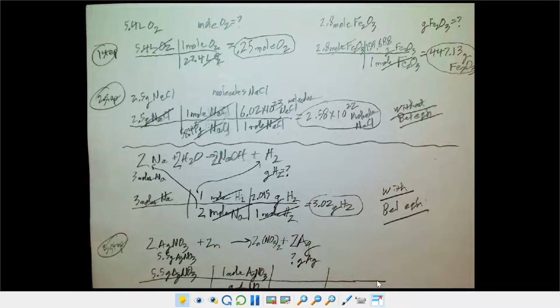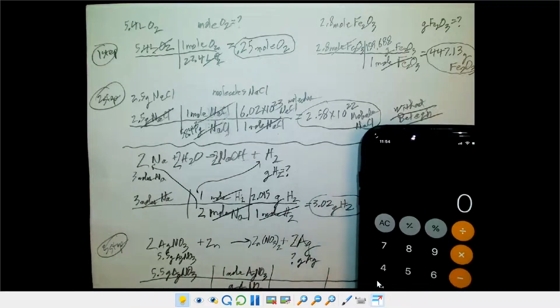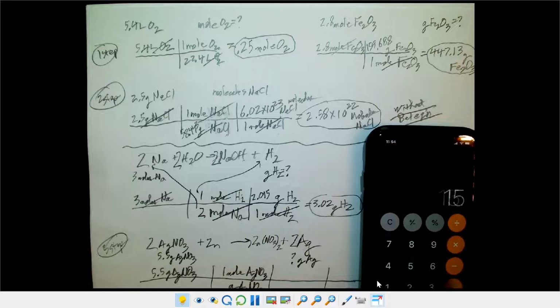Right? And then we're going to go ahead and have to add up all this stuff. So to do that, oxygen's 15.9994. We're going to multiply that by 3. We're going to add a nitrogen to it, which is 14.00674.